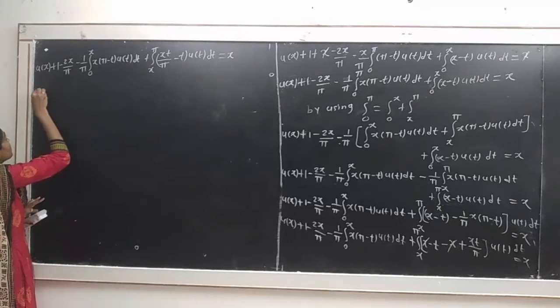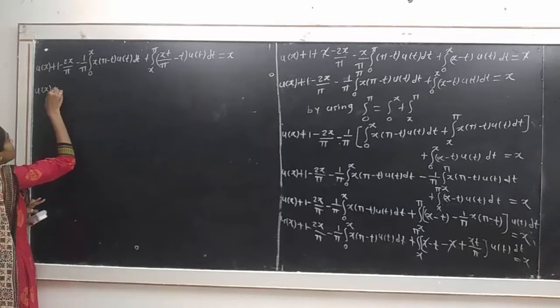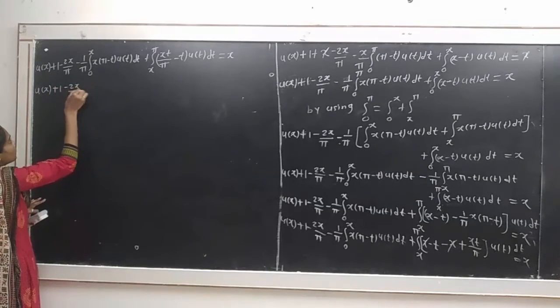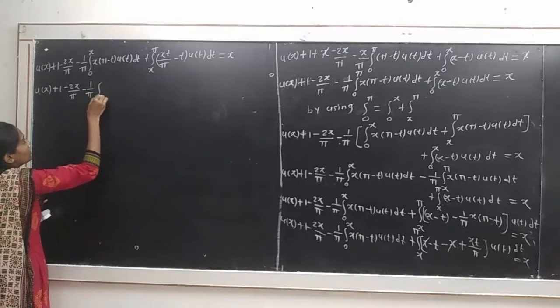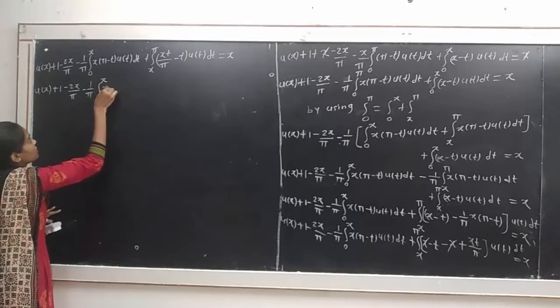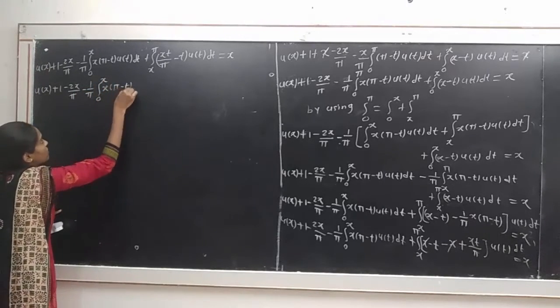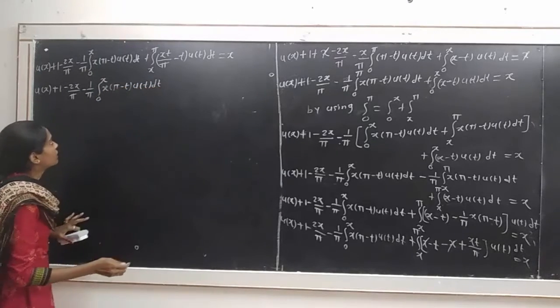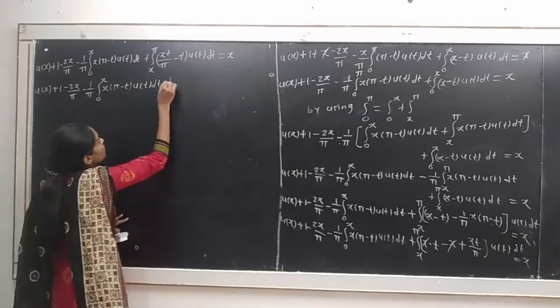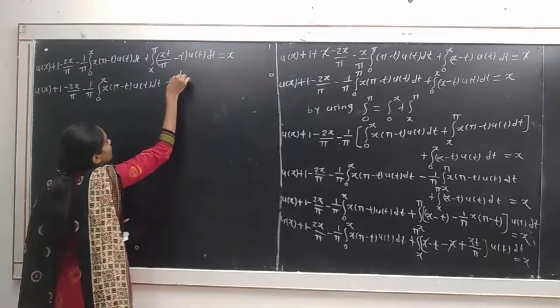Then we get u of x plus 1 minus 2x divided by pi minus 1 by pi integration from 0 to x pi minus t into u of t dt plus integration from x to pi.